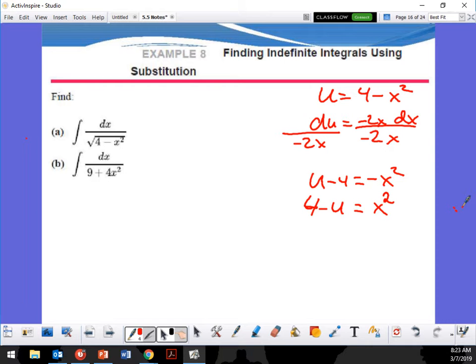And if I took the square root, it would be x equals plus or minus square root of 4 minus u, right? That's not going to help because I'm now going to have a plus or minus in there. So this piece is not going to fit very well. Now knowing it's not going to fit very well, I really don't want to use that.